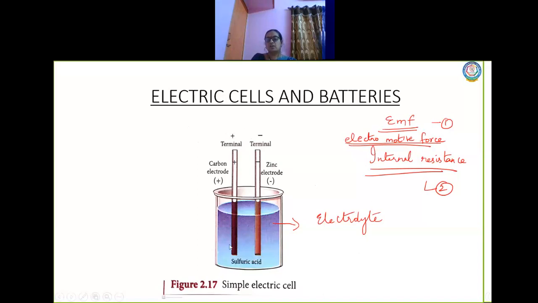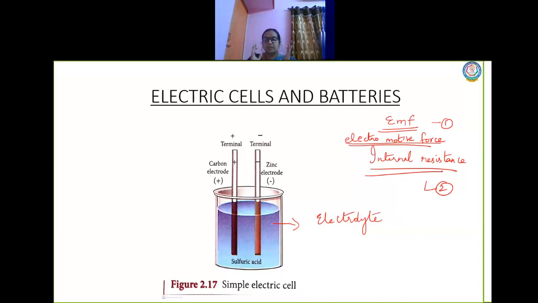So there is always a potential difference that is created due to the chemical reaction. This potential difference between the terminals of a battery in the absence of an electric circuit, you call it electromotive force. So whenever we talk about EMF, we talk about EMF in an open circuit. Open circuit means when the circuit is not closed, that is, when the battery is not connected to an external circuit.